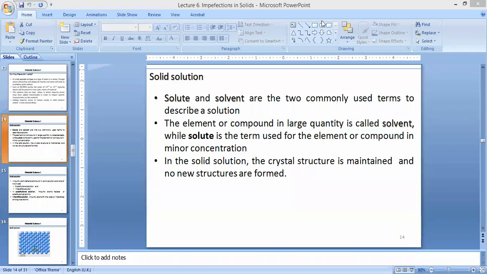Can a metal be a solute? Yes, it can. Why not? Dissolve, madam, it means it can be solid. Yes. All right, so give me an example of a solvent. Water. Water, isn't it? What is known as a universal solvent, because just about so many solids can dissolve in water.